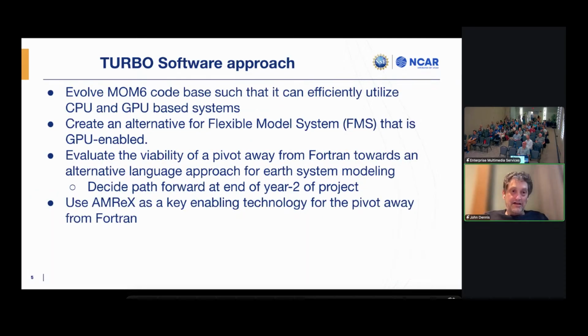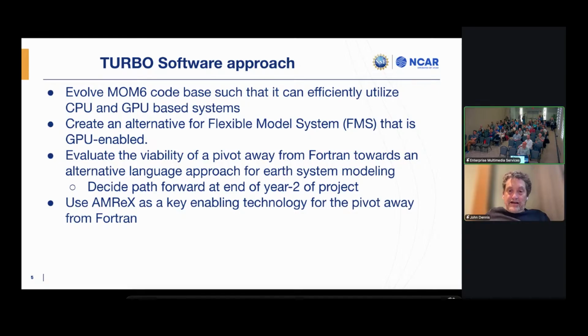So the Turbo project approach is to evolve the MOM6 code base such that it can effectively utilize both CPU and GPU, create an alternative for the Flexible Modeling System, FMS, and then evaluate the viability of a pivot away from Fortran to an alternative language approach.